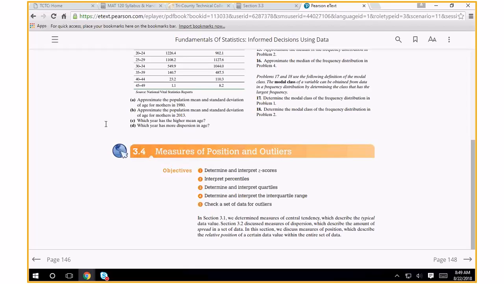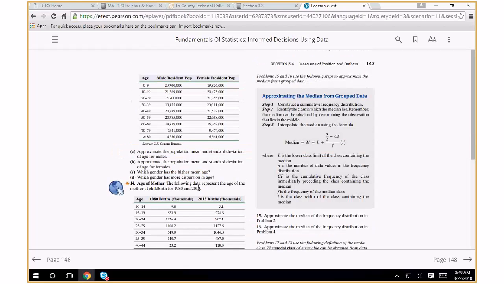I don't care, because everybody gets the book online when you get the what? The access code. What's important? The access code. The book, beg, borrow, steal, share, I don't care. But get the access code. So that's how you print out the book, and you print it out per section. So you can either buy a book, share a book, or print out the book as you need it. Doesn't matter to me. Capiche?